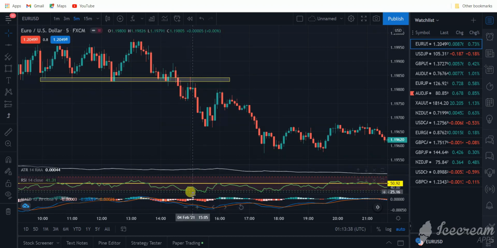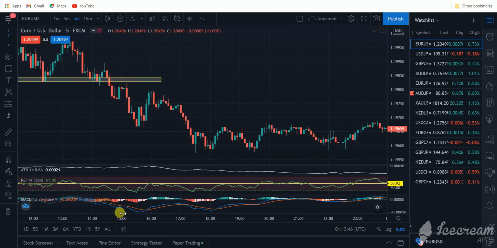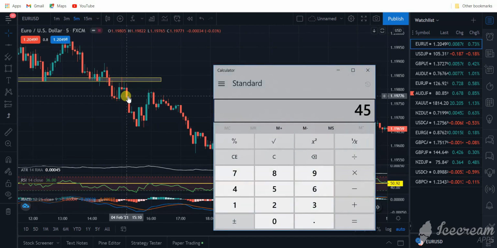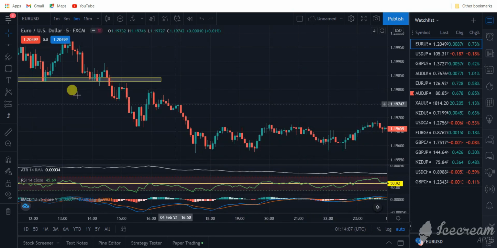The RSI is below the 50 for a sell. Like I said, above is for a buy. And the MACD is clearly below the horizontal, the histogram line. That's the ATR of this candlestick. So 45 times 1.5 is clearly a 68 pip stop.